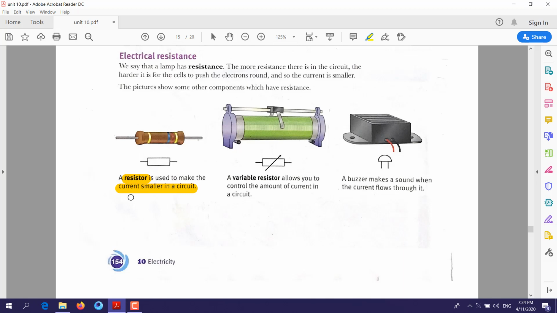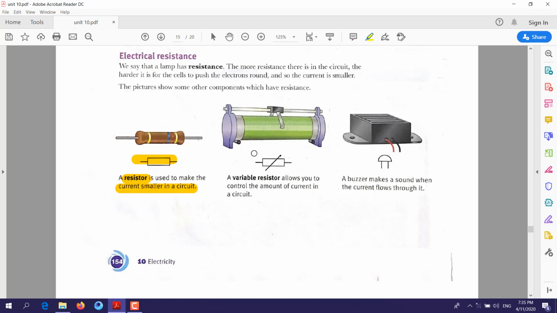So in this case, how do we solve this problem? The charger has a resistor inside it. The function of this resistor is to reduce the 220 volts into, for example, 2 or 3 volts. This is the symbol that we use to represent the resistor when drawing an electric circuit.